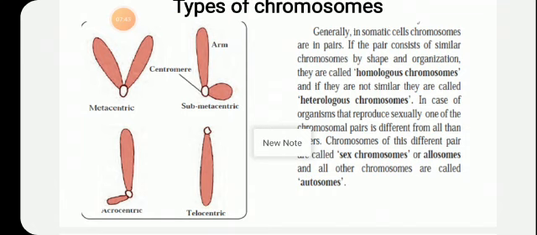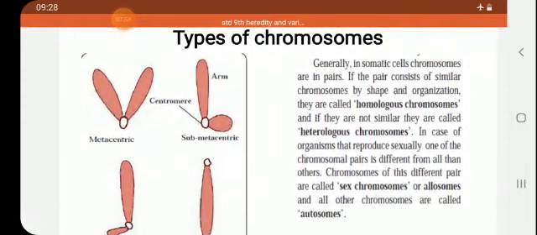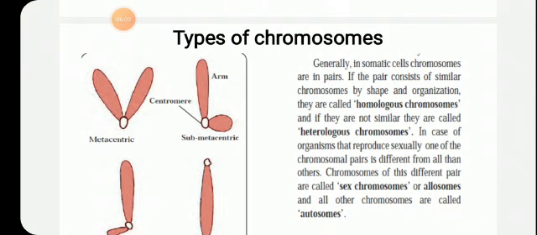But keep in mind that generally in somatic cells, the chromosomes are in pairs. If the pair consists of chromosomes similar in shape and organization, they are said to be homologous chromosomes.